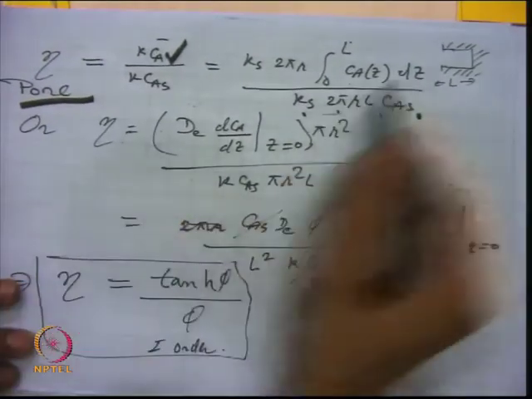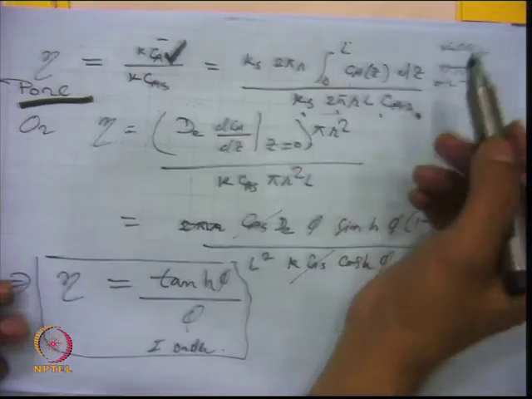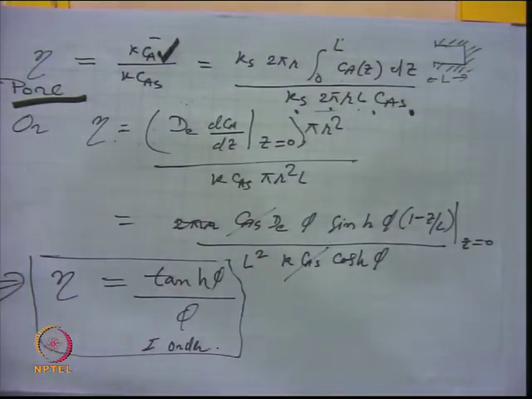Either you do this integration, or another option, because you know at steady state the same moles will transport. If you recall your diffusion equation, we have written pi r square d dCA by dz, input minus output minus disappearance. So, if there is steady state, whatever moles enter at the pore mouth, the same will go inside and the same will react.